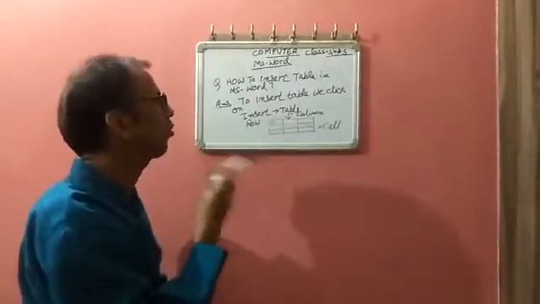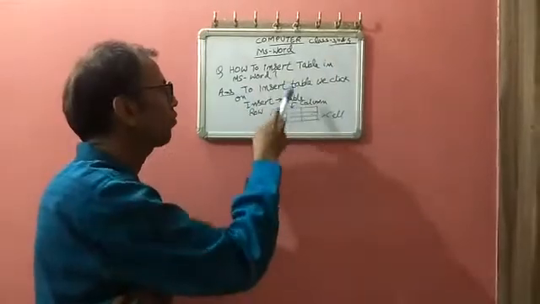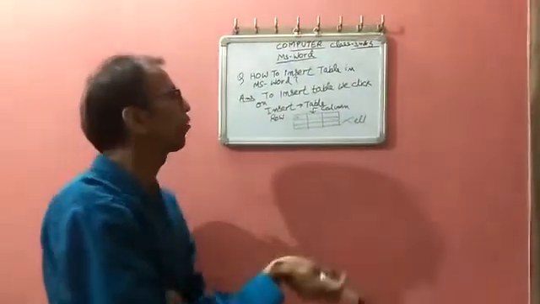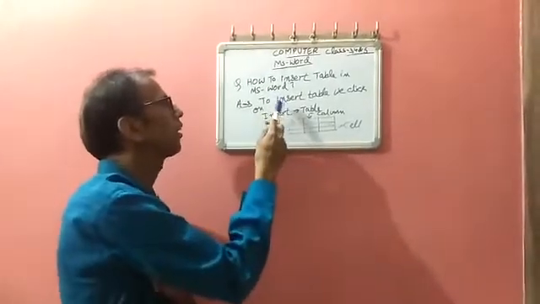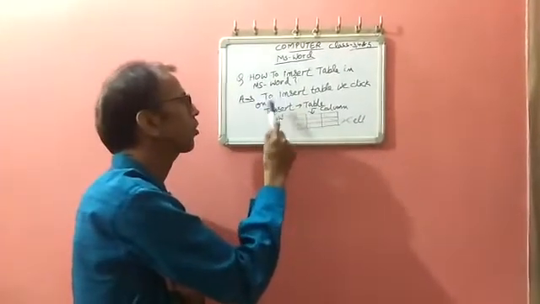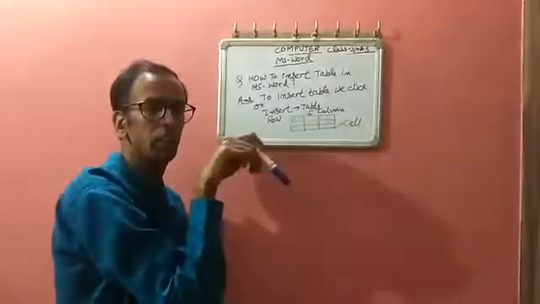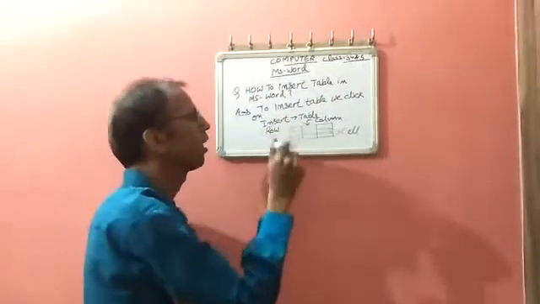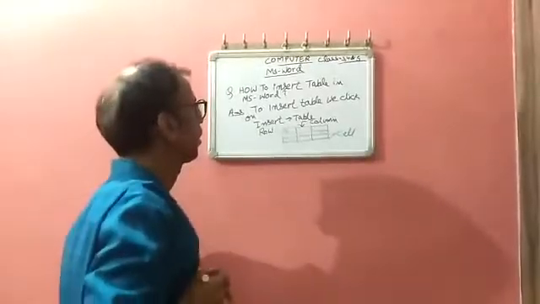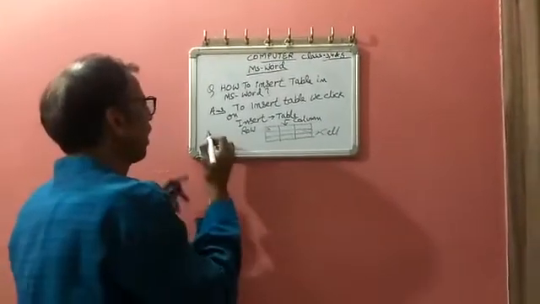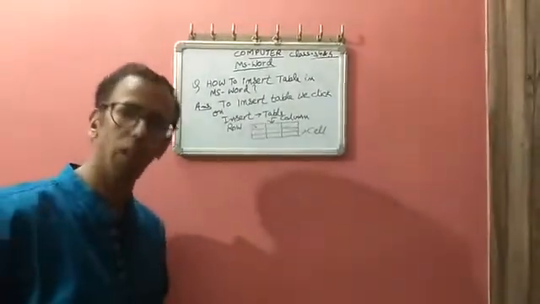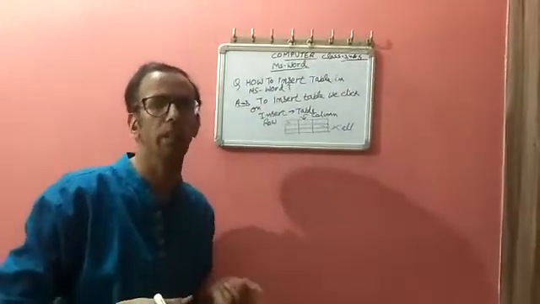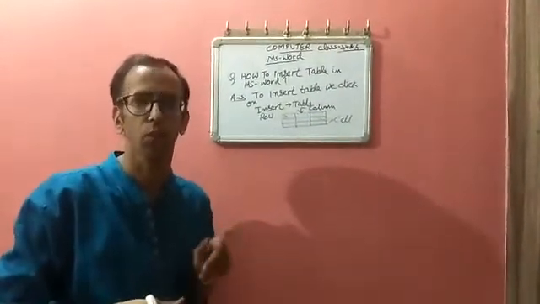How do we insert it, from where do we get this table? How can we prepare this table? We need to click on insert on the top of your menu bar. Insert, then click on table, and once we click on table, a dialog box will appear, and from there you have to choose the number of rows and the number of columns you want.